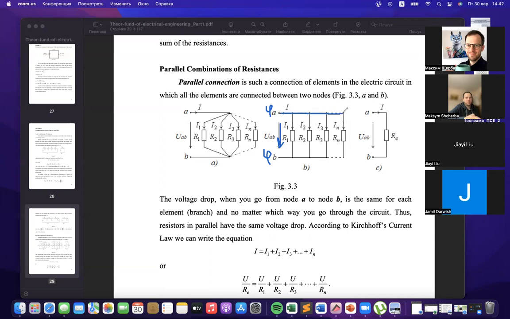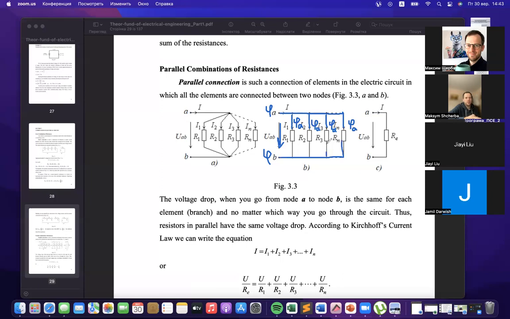This potential is moving through all wires, through all metal connections, and on each starting point of an element it will be the same potential. Because a metal object is an equipotential surface, it means that all points of the metal will have the same value of potential.